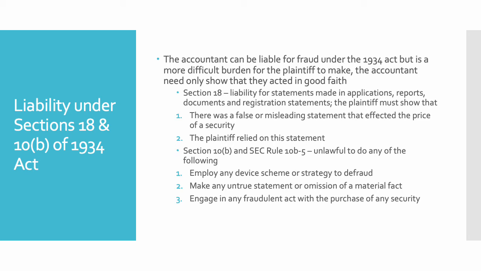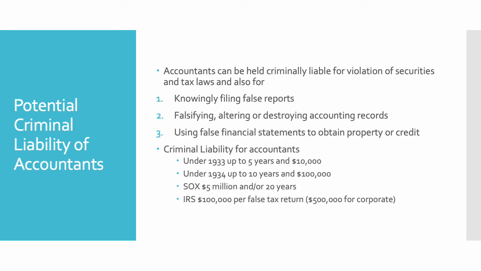So that is somewhat of a catch-all, but it is meant to target fraudulent or would-be fraudulent actions by the accountants as it relates to bringing new securities to market.